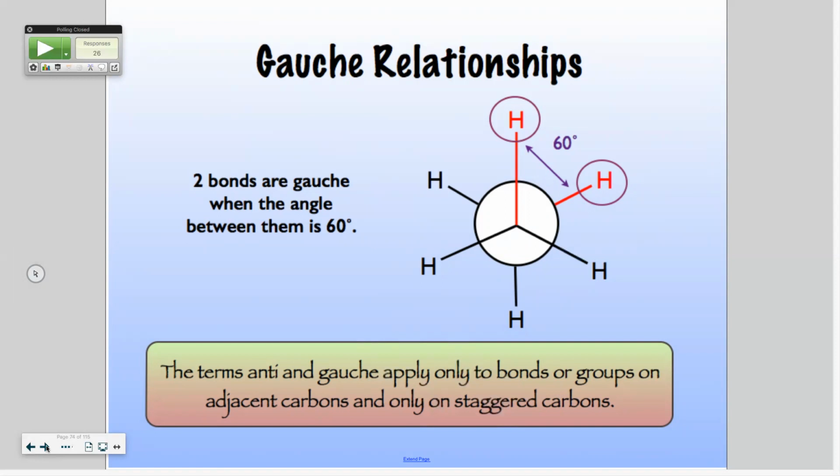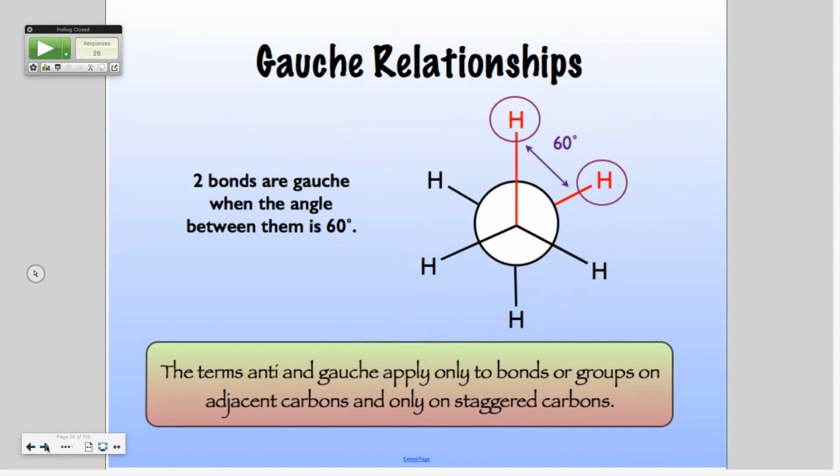So everybody seeing that? Between anti and gauche, which one do you think would be more stable? If the two groups were anti or the two groups were gauche? Anti is more stable because they are farther apart.